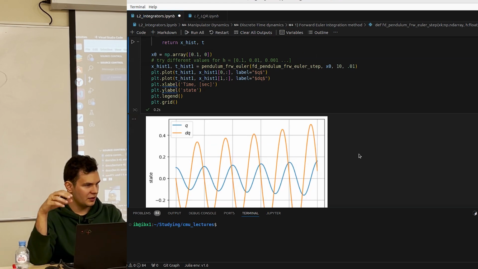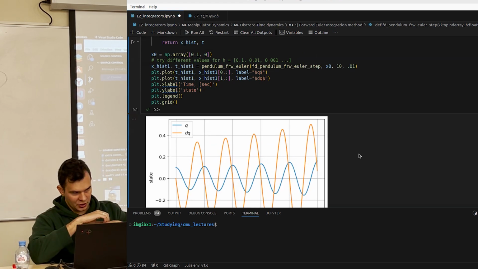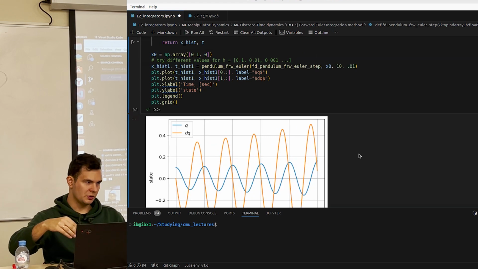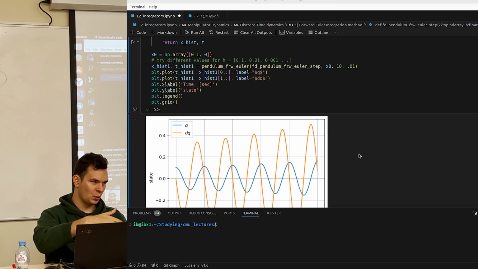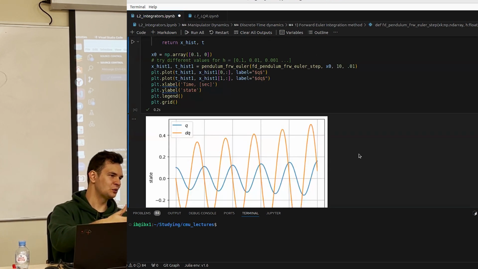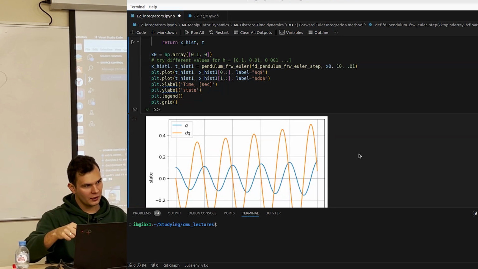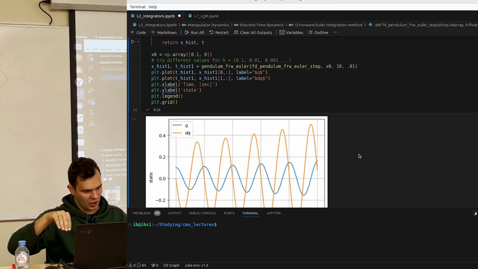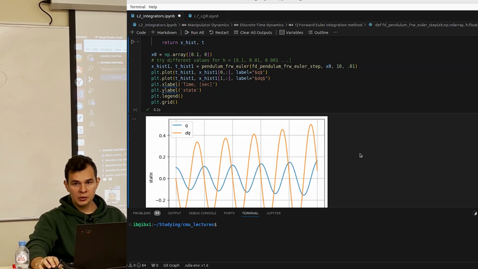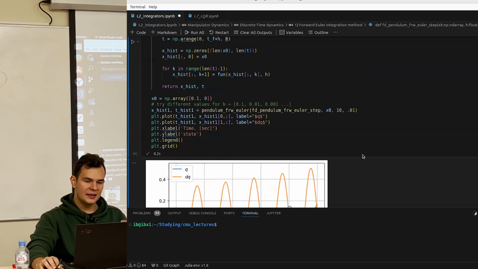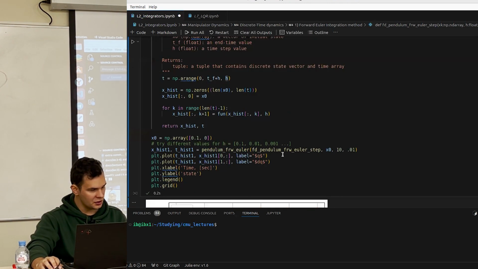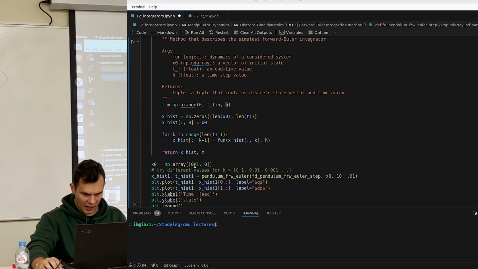If it doesn't have any damping, it will just blow up. If you add a damper there, and it's actually going to be your first practice to play with it, to add the damper, it's going to go to the rest, to the equilibrium point, but it depends on the discretization step.